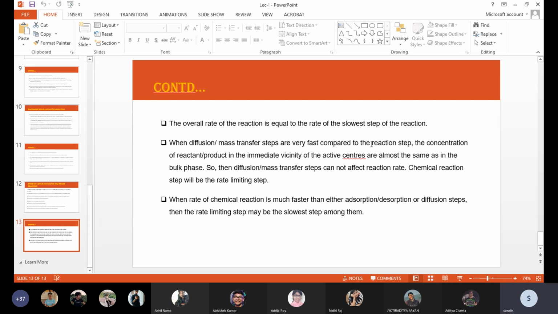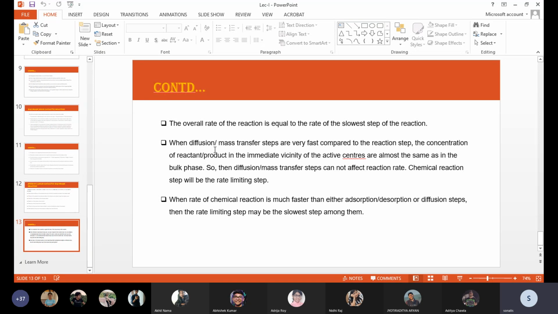If the reaction step is slow, then per second or per time, it determines the progress of the whole process. Then the concentration of reactant and product in the immediate vicinity of the active centers is almost the same as in the bulk phase.